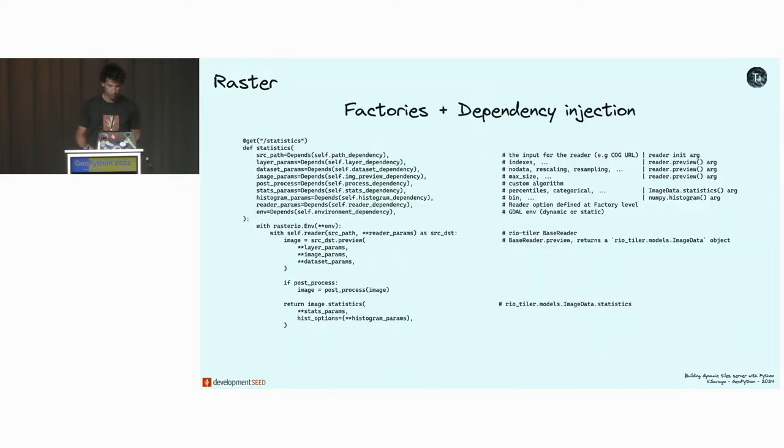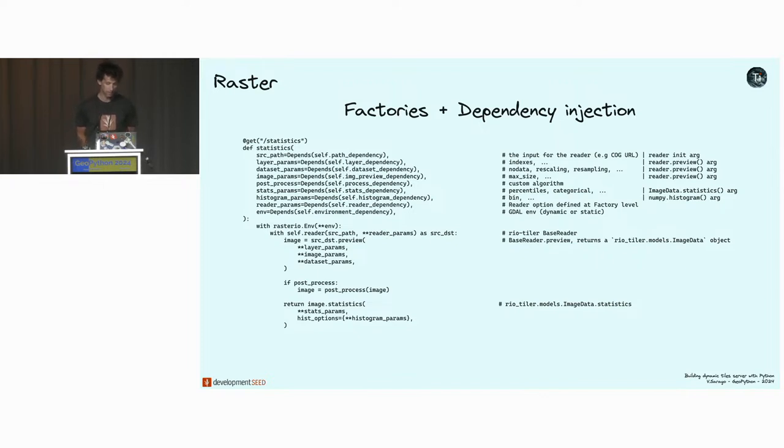Also, I wanted to show that you can really customize every part of TiTiler. As I say, you can choose to have some endpoints or not. But we also use something in FastAPI called dependency injections.